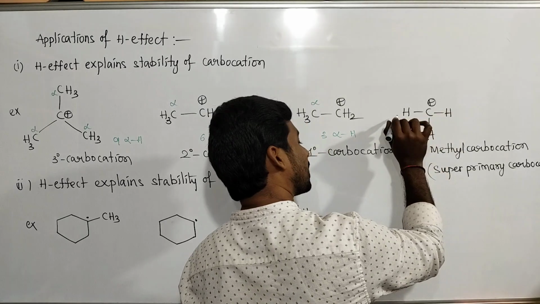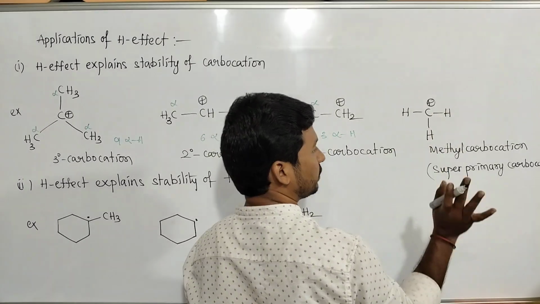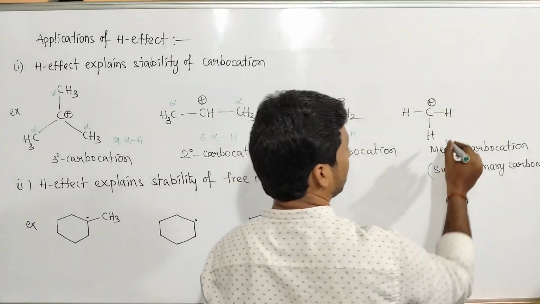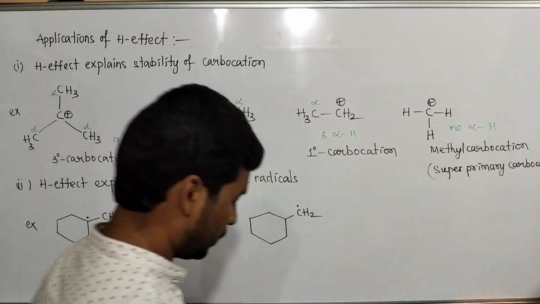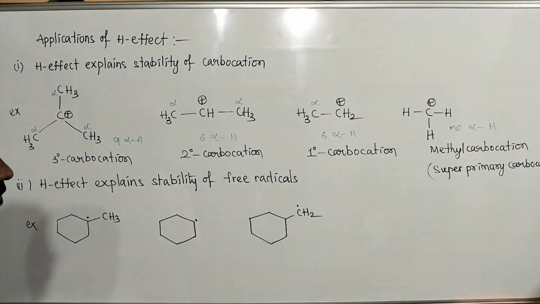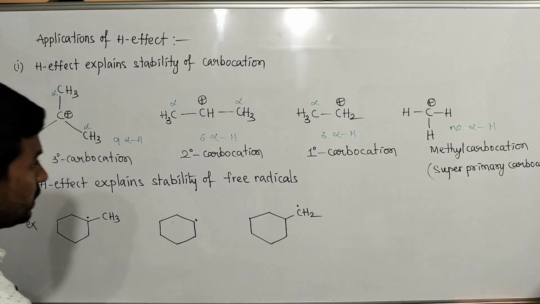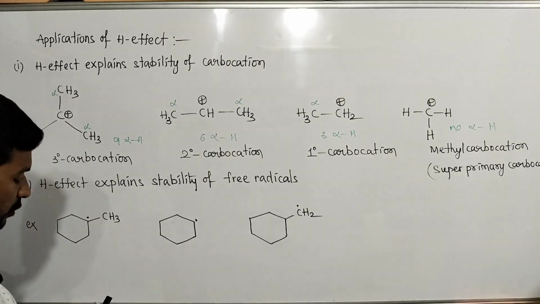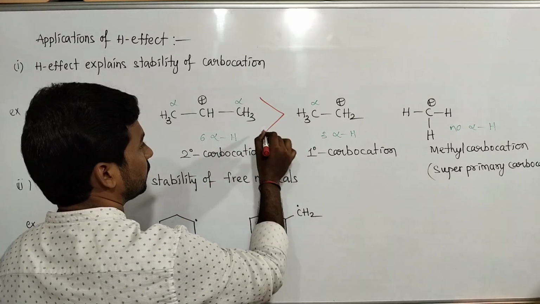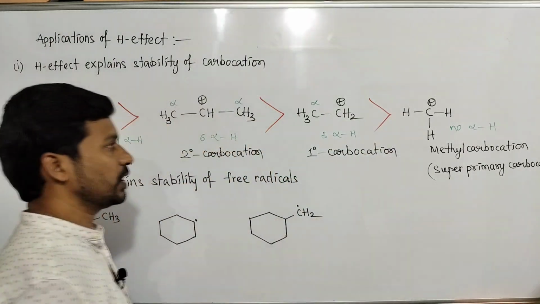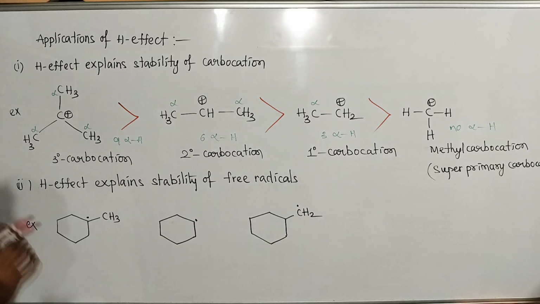To this adjacent carbon is alpha, but there is no adjacent carbon, there is no alpha carbon, no alpha hydrogen. So more the number of alpha hydrogen, more will be resonating structures, more will be delocalization of positive charge, more will be stability. That's why definitely stability order is like this. Thus hyperconjugation explains stability of carbocation.